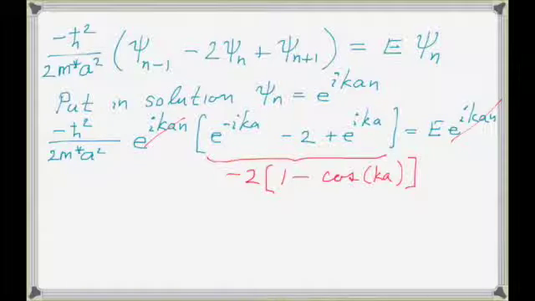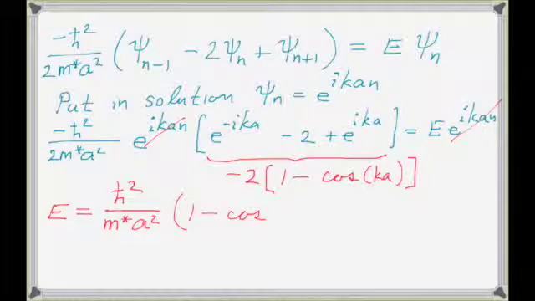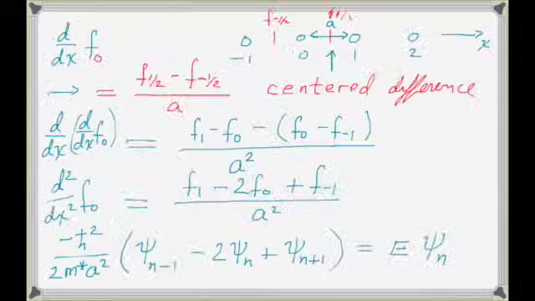And so we finally get that E is equal to h bar squared over m star a squared times 1 minus cosine Ka.